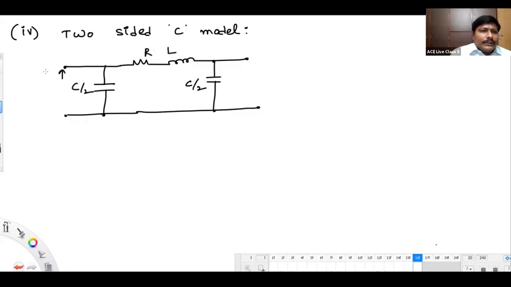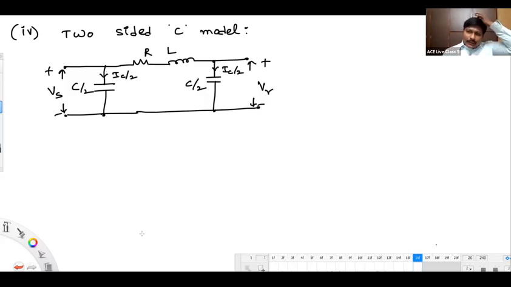This is Vs at the sending end and VR at the receiving end. Approximately half of the charging current is on one side and half on the other side.